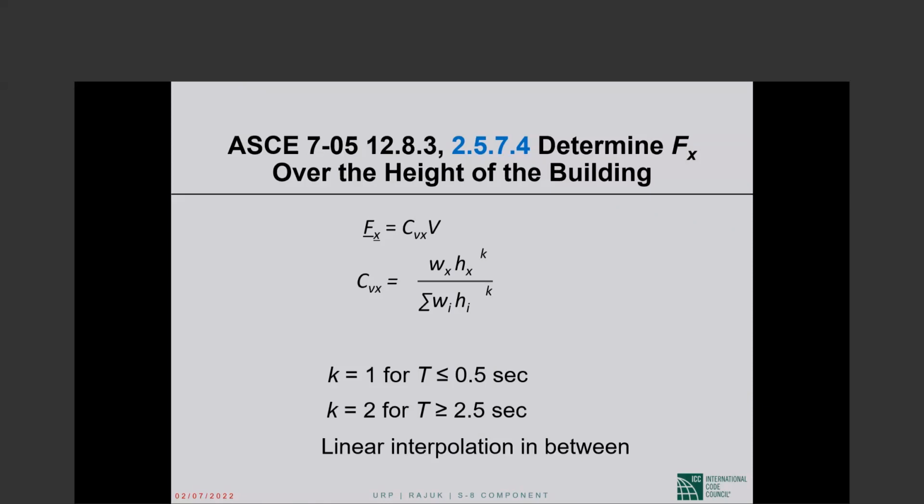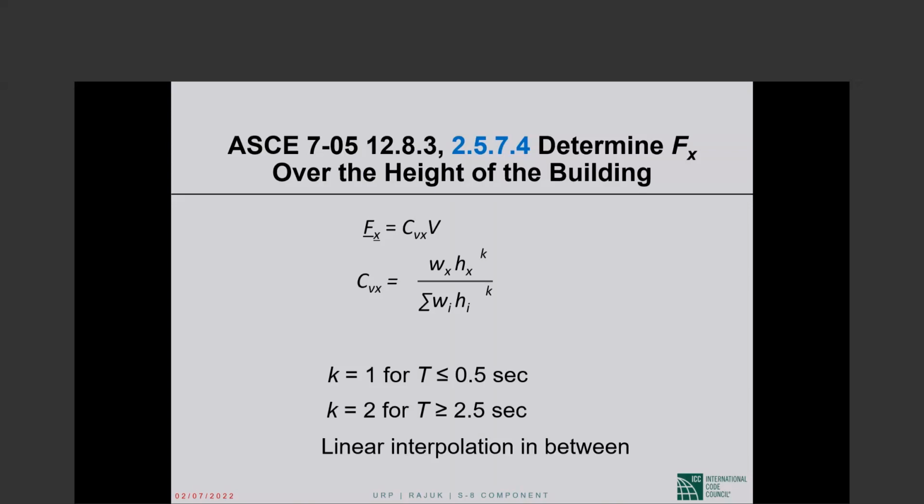For period values between half a second and 2.5 seconds, which is a lot of structures, we do a linear interpolation between a linear and a parabolic distribution. Or you can always take K of 2 and do a parabolic distribution. That is allowed by the code, but that does not make any sense. If you take that option, you are dumping more of the lateral load towards the top of the structure, thereby getting larger overturning moment for the same base shear, which is essentially penalizing your client for no reason at all.